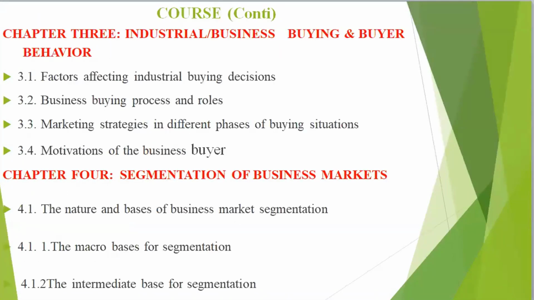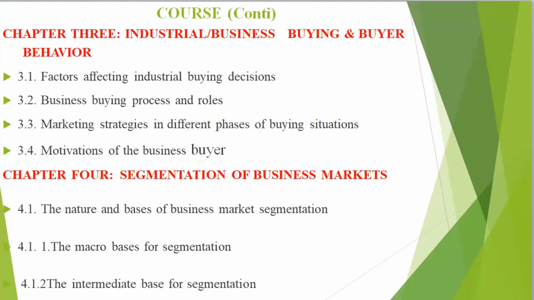The third chapter would be industrial business buying, or buyer's behavior. Who are the buyers of industrial products? They are business organizations. Since a business organization is an artificial entity, who is supposed to purchase the product?